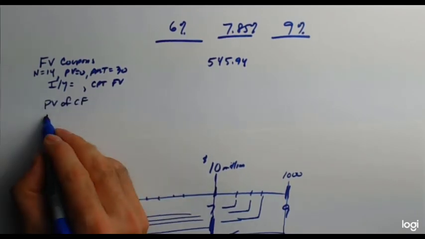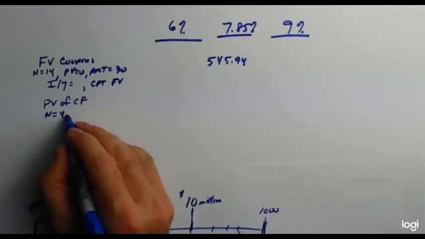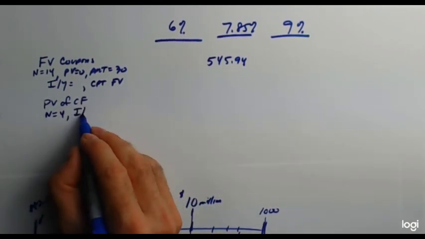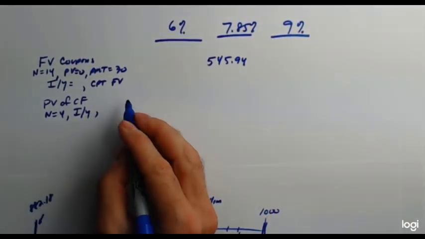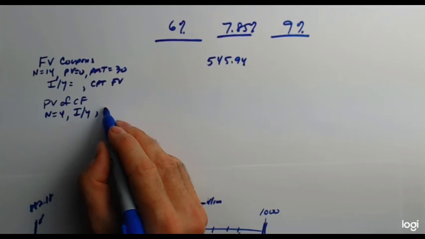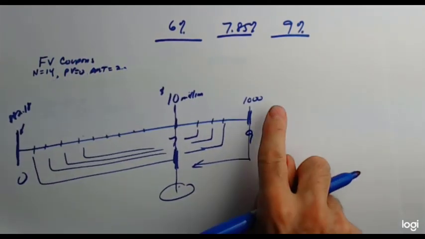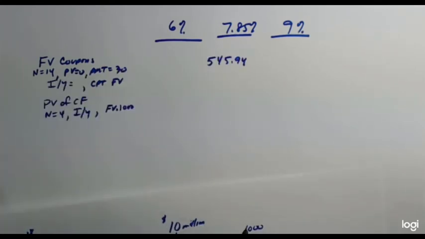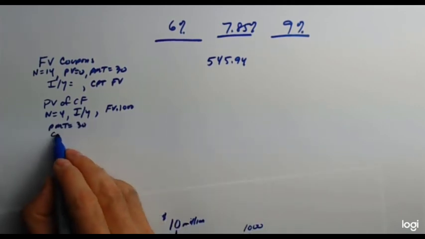N will equal 4 semi-annual periods here. I/Y will depend on the scenario, but for now it's 7.85%. There is a future value of $1,000 because that's what the bond will mature at. And we will have a payment equal to $30, and we're going to compute present value.